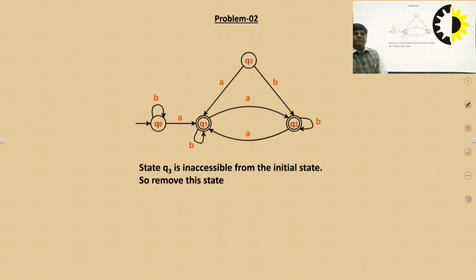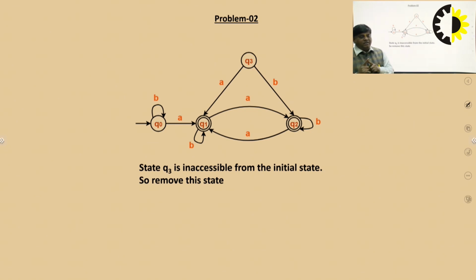I will repeat what steps we follow. The first step, design the transition table of the given finite automata. Then what is the next step? All states divide into 2 parts, the set of final states and the set of non-final states. And what is the third step? Minimization is classified into 3 steps.